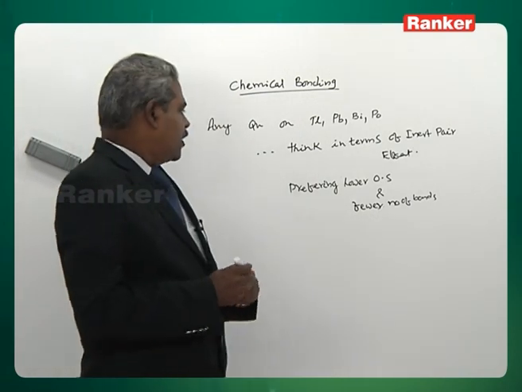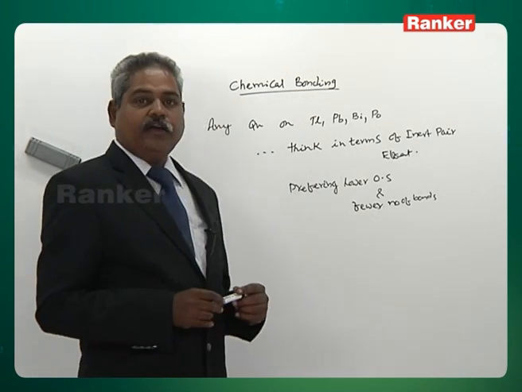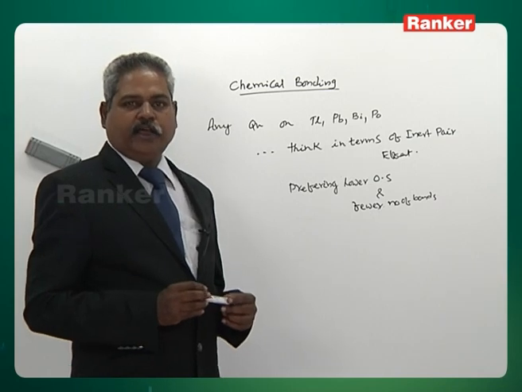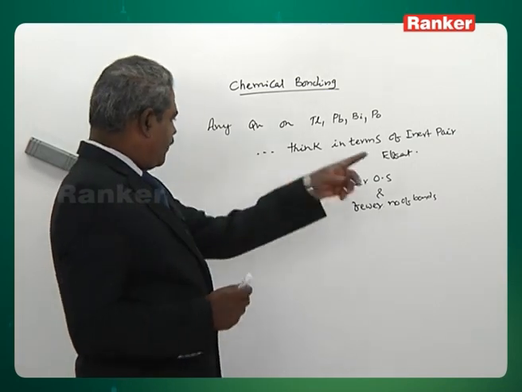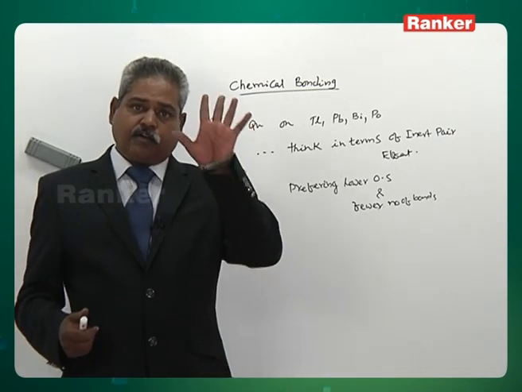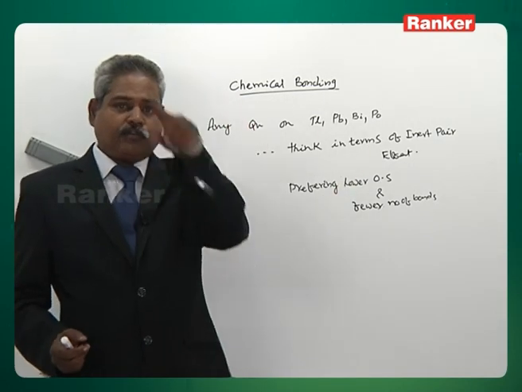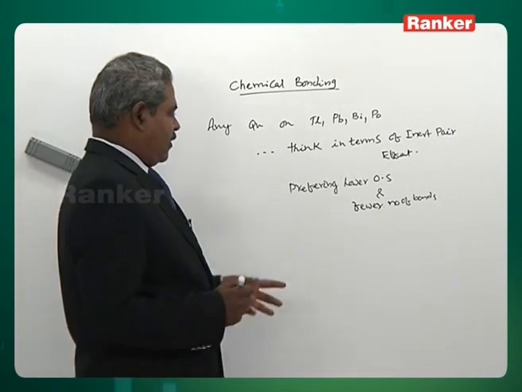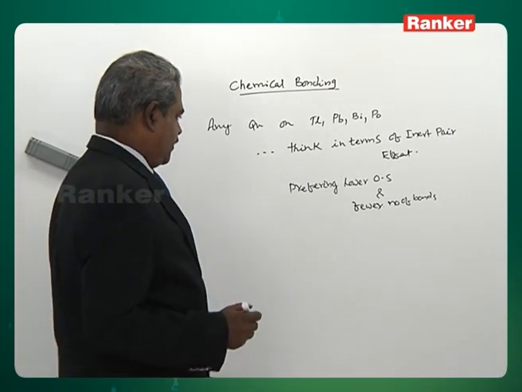Preferring lower oxidation states and fewer number of bonds is called the inert pair effect. Preferring. It doesn't mean that they can't form 5 bonds. Bismuth can form 5 bonds, but it doesn't prefer to form 5 bonds. Let's see why.